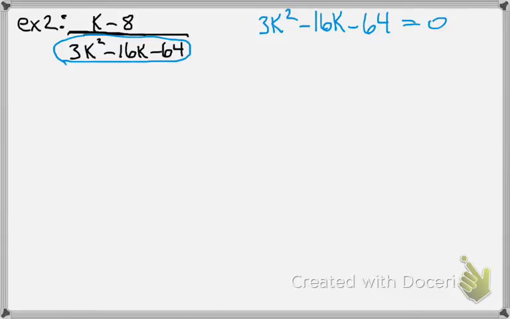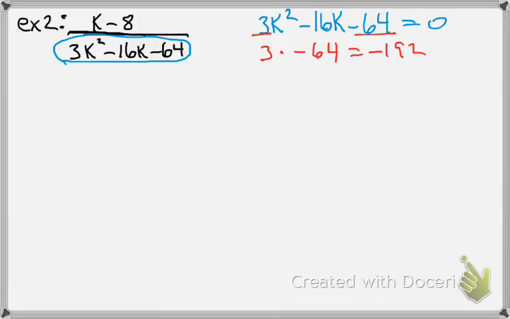In order to solve that, I have to factor it. So this was one of our problems where we took our a times our c. So 3 times the negative 64 is going to give us a negative 192. And then I'm going to look for factors of that number that add together to give me a negative 16.